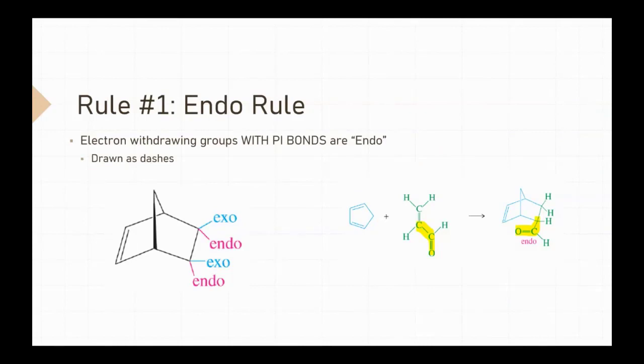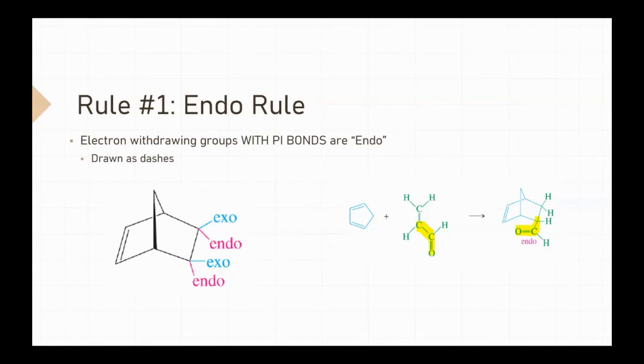Another thing we have to consider is the endo rule. Whenever we do our Diels-Alder, remember, electron withdrawing groups with pi bonds are endo. Endo means it's pointing away from you, so they will be drawn as dashes.